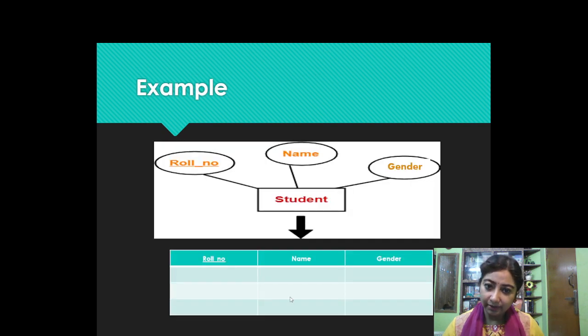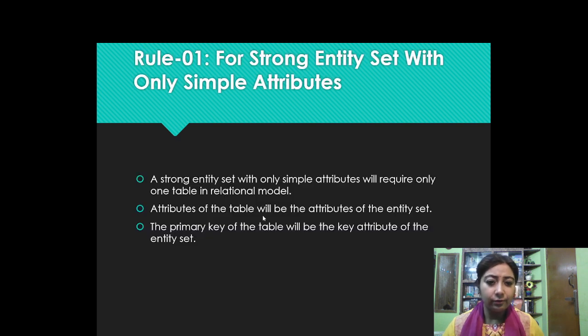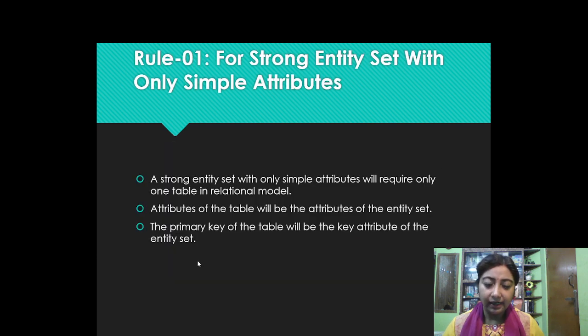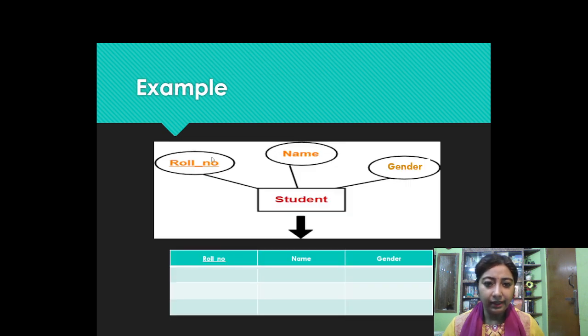That is the first point of rule number 1. Second, the attributes of the table will be the attributes of the entity set. And then the primary key of the table will be the key attribute of the entity set. So the entity set's primary key will directly be the primary key in the table. This is the concept used in rule number 1 of mapping.